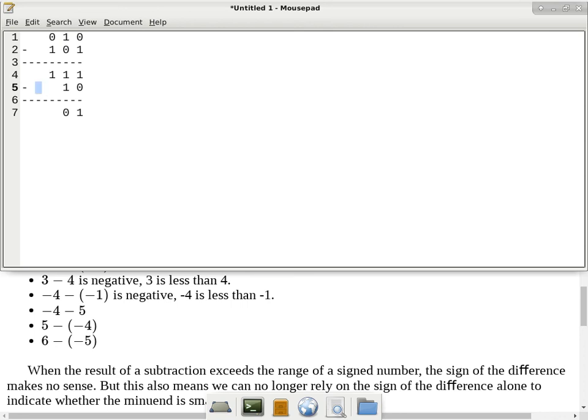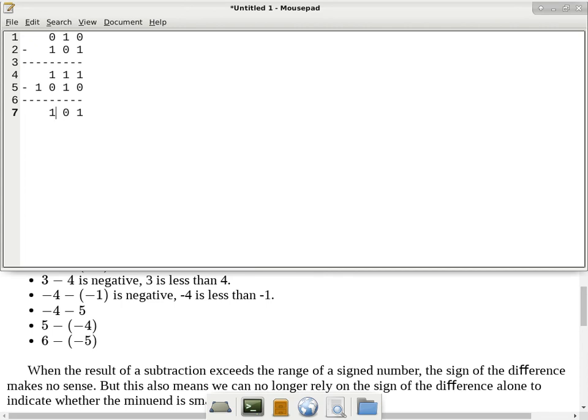So we put a borrow here. And then we have no borrow from the previous column, so this borrow is going to be a 0. And so 1 minus 0 is going to be a 1. Okay, so let me just double check the math and make sure it's right. 0 minus 1 has a borrow, and the result of 1. 1 minus 0 is a 1. 1 minus 0 is a 1. 1 minus 1 is a 0. 0 minus 1 is 1 with a borrow. 1 minus 0 is a 1. So I think that is correct.